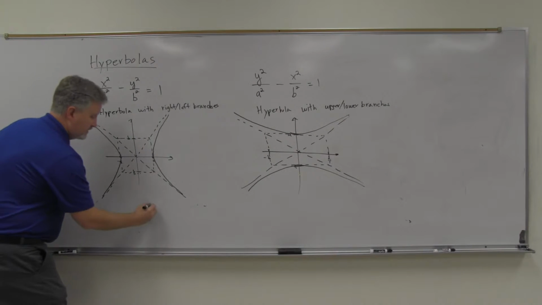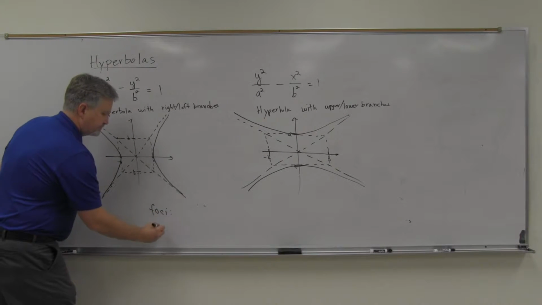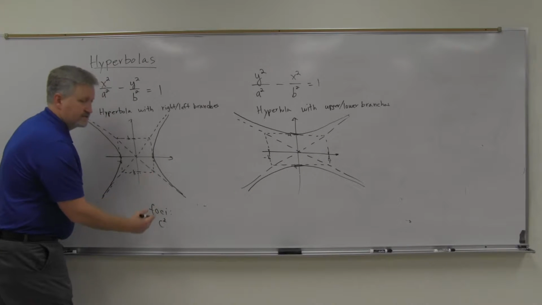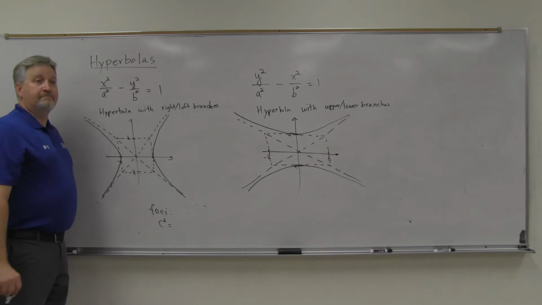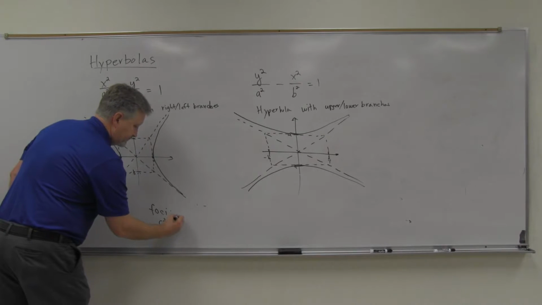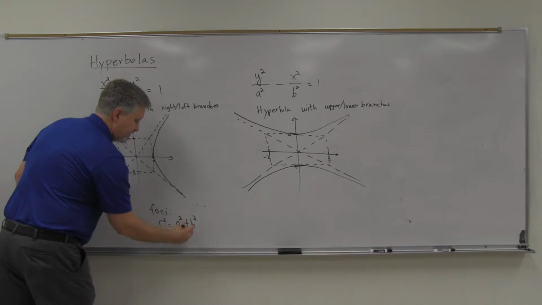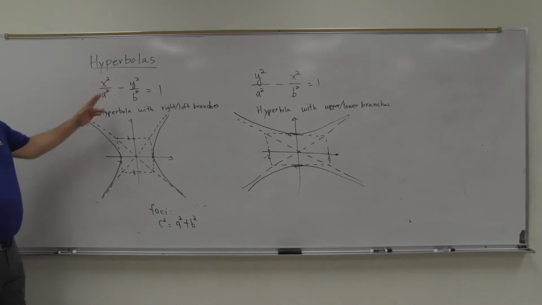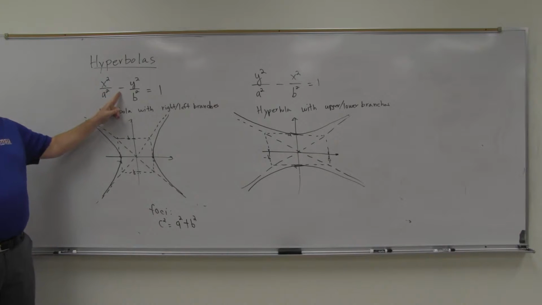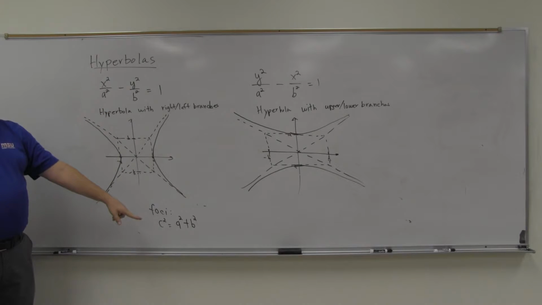Now, the foci, the equation there, well, c squared, the distance to the focus, is a squared plus b squared. So you might notice the foci equation runs opposite of the sign between your x squared and your y squared, right? Because on the ellipse, it's plus here and it's minus there.